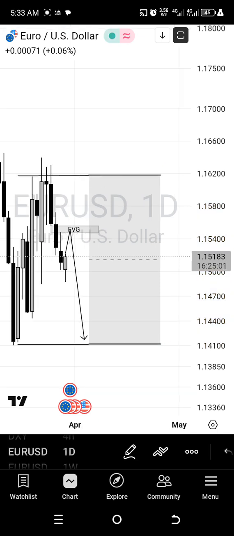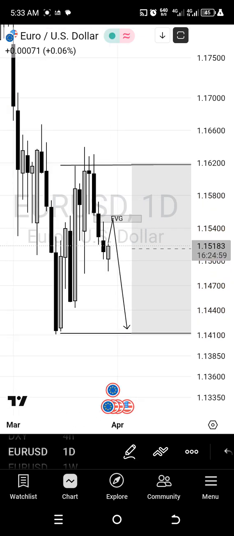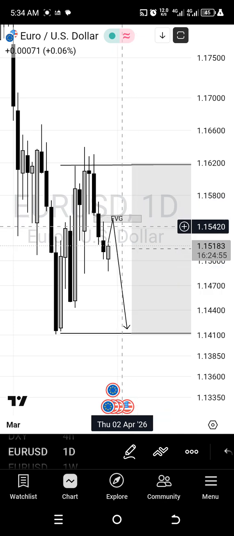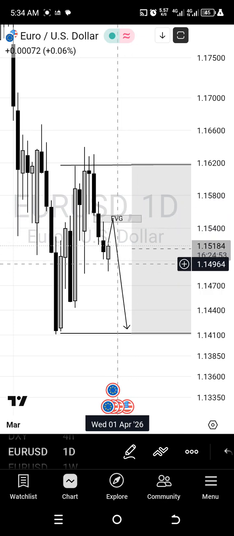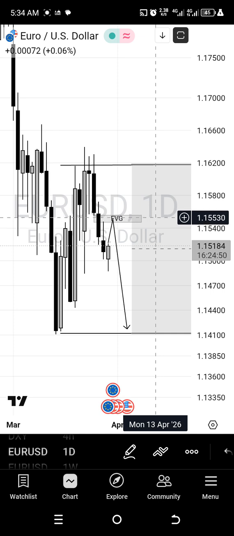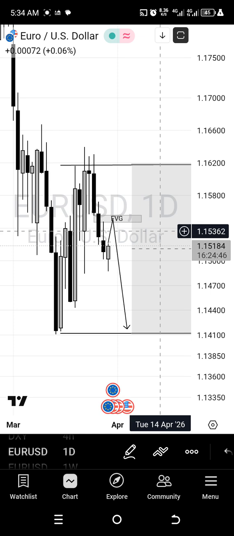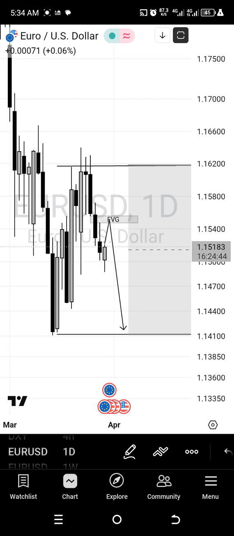So that is my thought process on EU on the daily time frame. If price can make it up to this fair value gap, I'm going to be very happy because price is probably tapping into this premium PDR, so as to continue selling towards the CRT low.